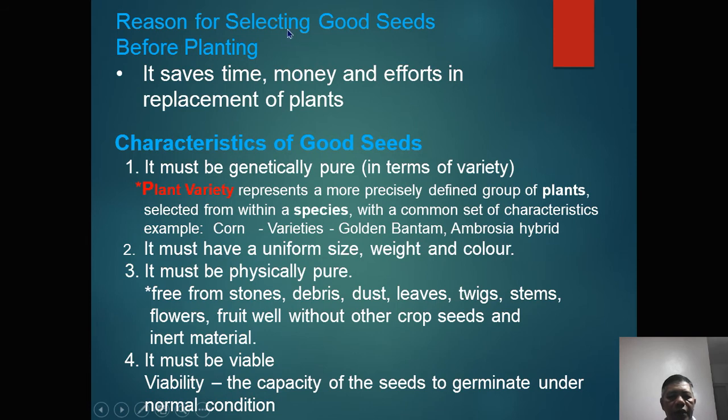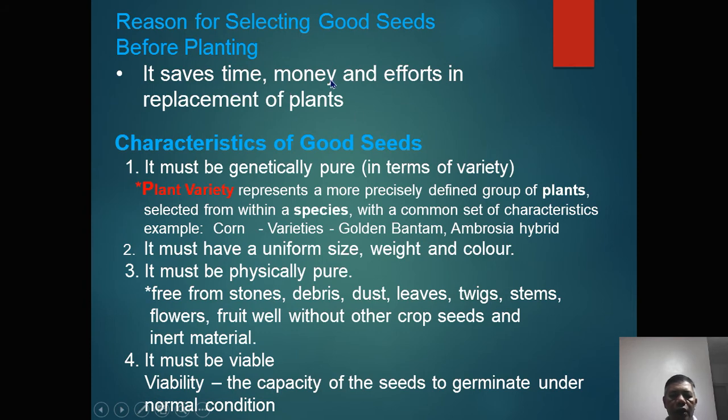Let's talk about the reasons for selecting good seeds before planting. Actually, I identified only one here, which is very much important. It saves time, money, and efforts in replacement of plants.